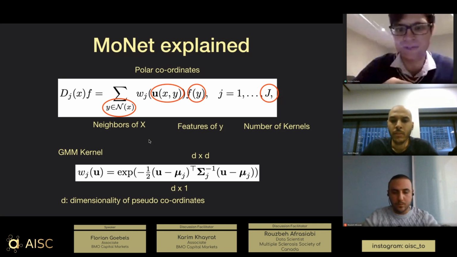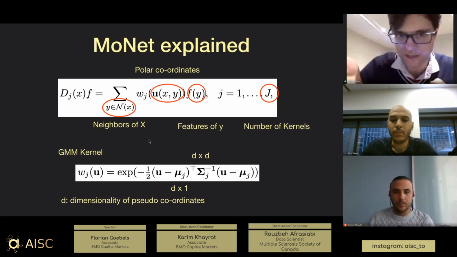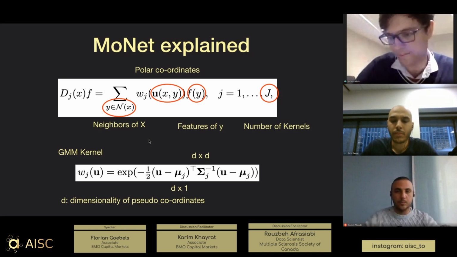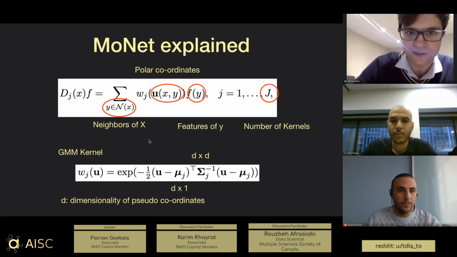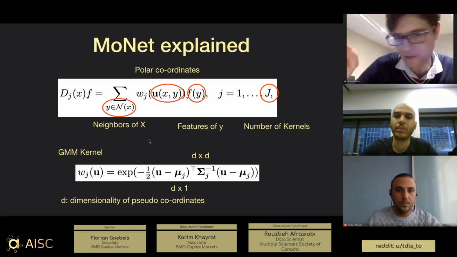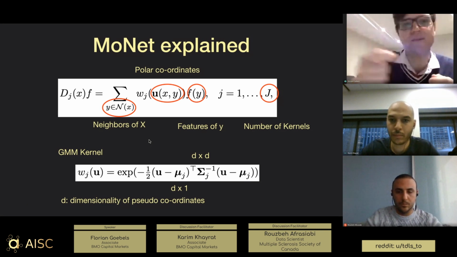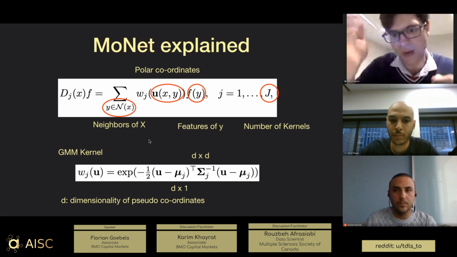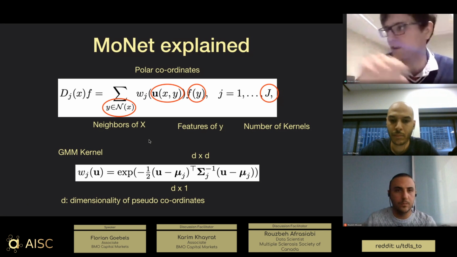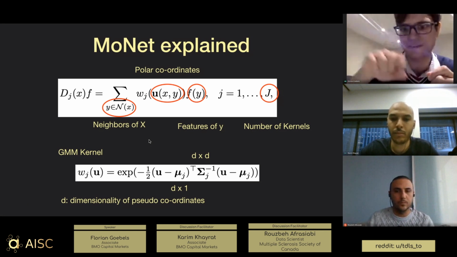So what you do is basically standard normalize your position features, or you make it part of this Gaussian mixture model. And the output of this weight, this Wj of u, is 1. So you can think of it as just a rescaling of the feature. So I make an average over all my neighbors, and I weight each neighbor based on its position in that polar grid, in these polar coordinates.